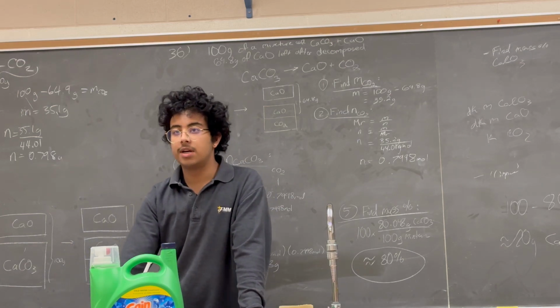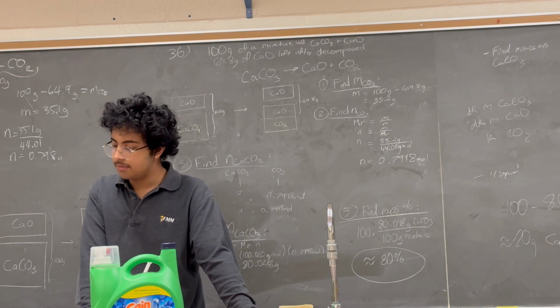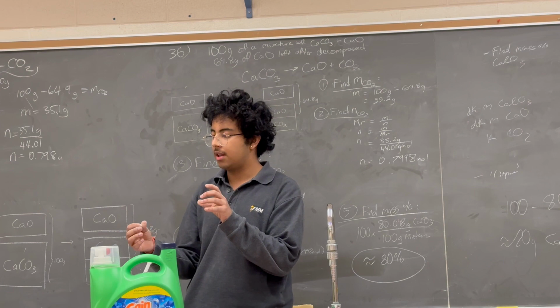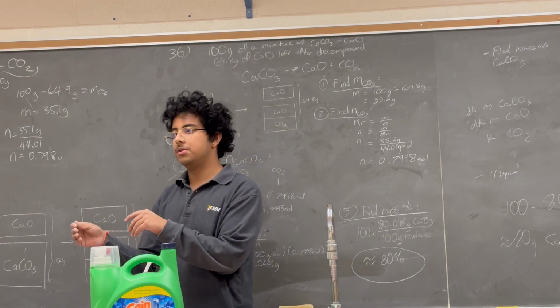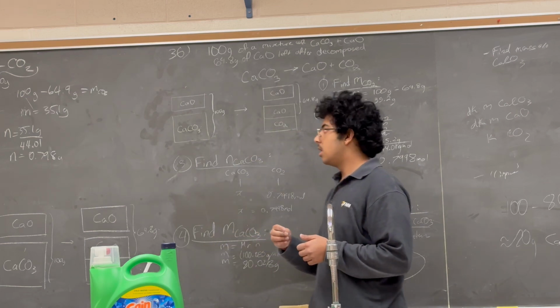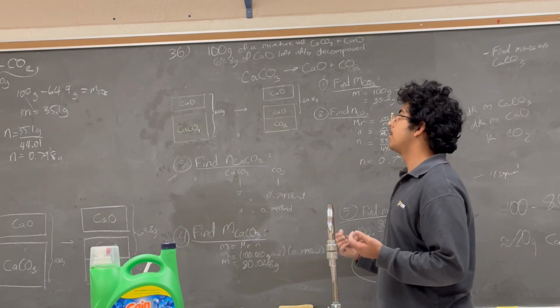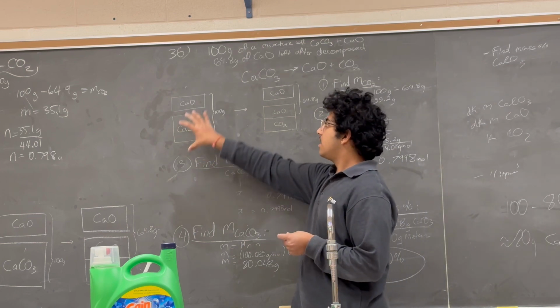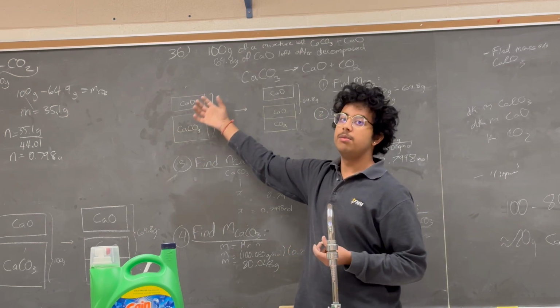So it's a bit of a weird question because you have this mixture, but only the calcium carbonate decomposes. So a really nice picture that I drew here to help you wrap your mind around it is this. You can think of these two squares as our original mixture.